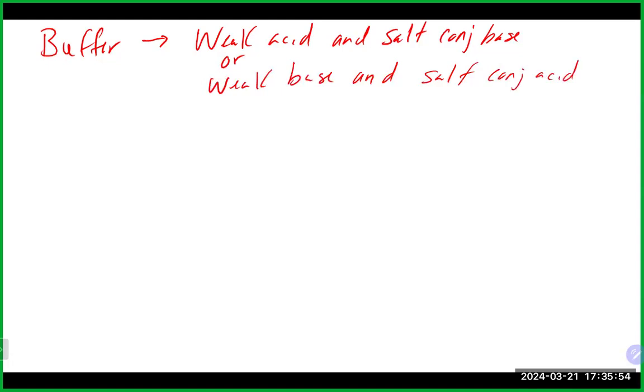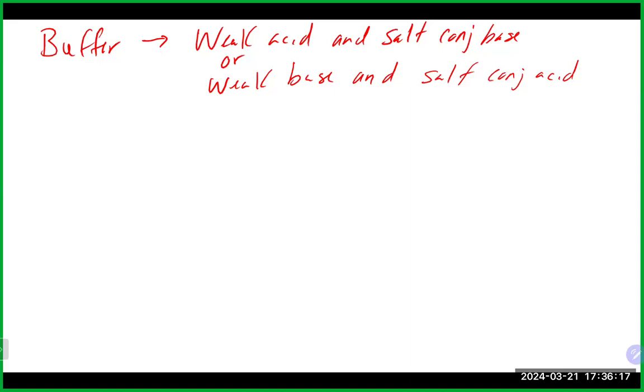And remember, as we talked about, how a buffer functions is it is necessary that both of those things are in solution to begin with. So really you can think of your buffer as having an acid part and a base part. And that's really what allows it to keep the pH from going crazy when you add additional acid or base to it, because it has both of those things in there.